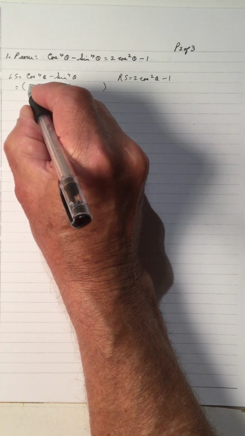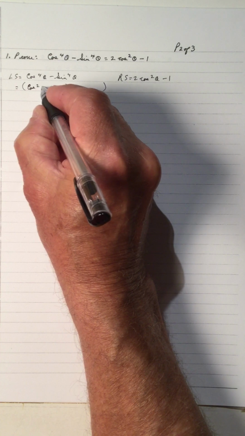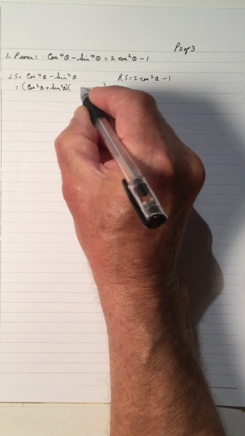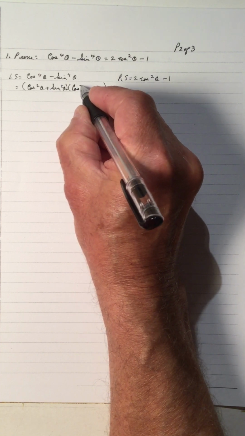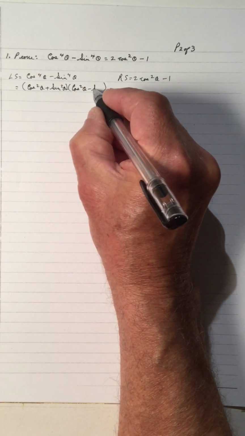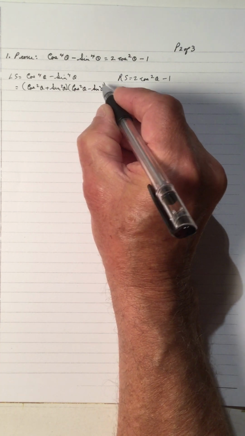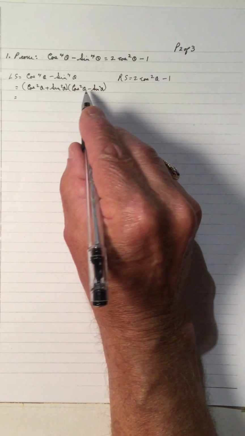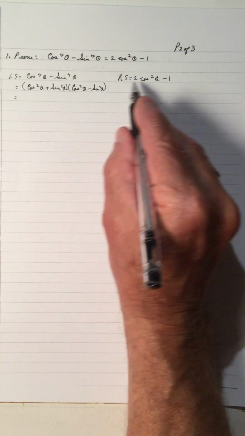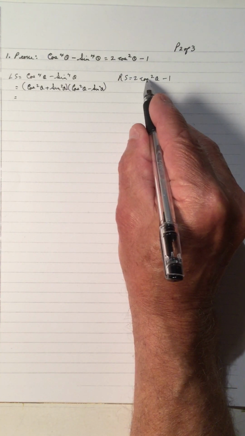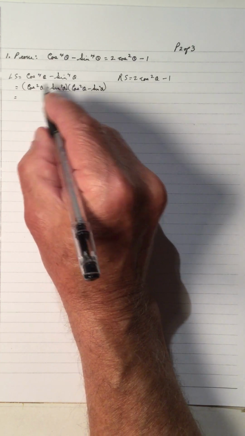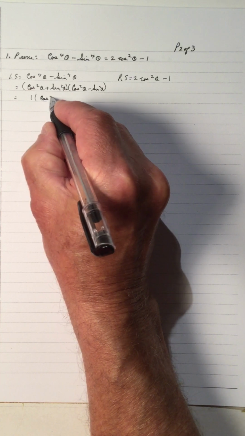Cos to the fourth is cos squared plus sine squared theta, and cos squared theta minus sine squared theta, as the difference of two squares. Notice now we have cos squared plus sine squared, which is getting ready to go to 1. So cos squared theta plus sine squared theta is 1. So make that change.